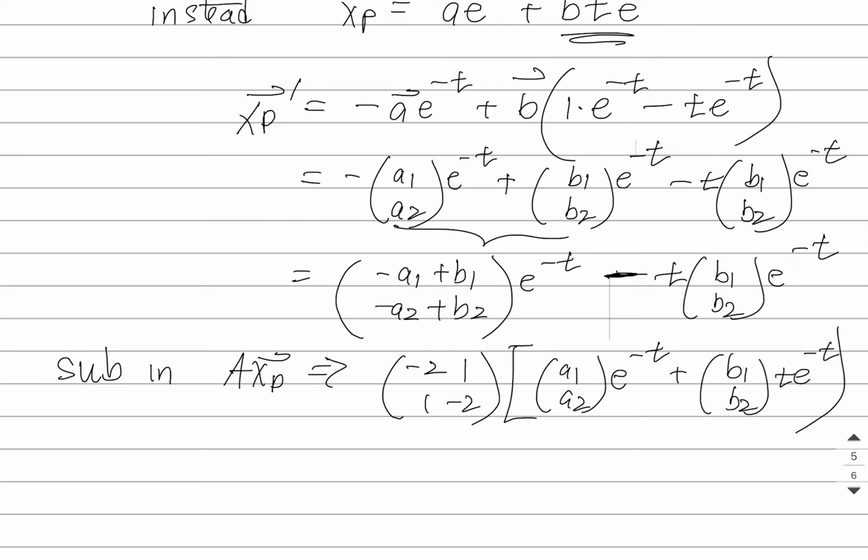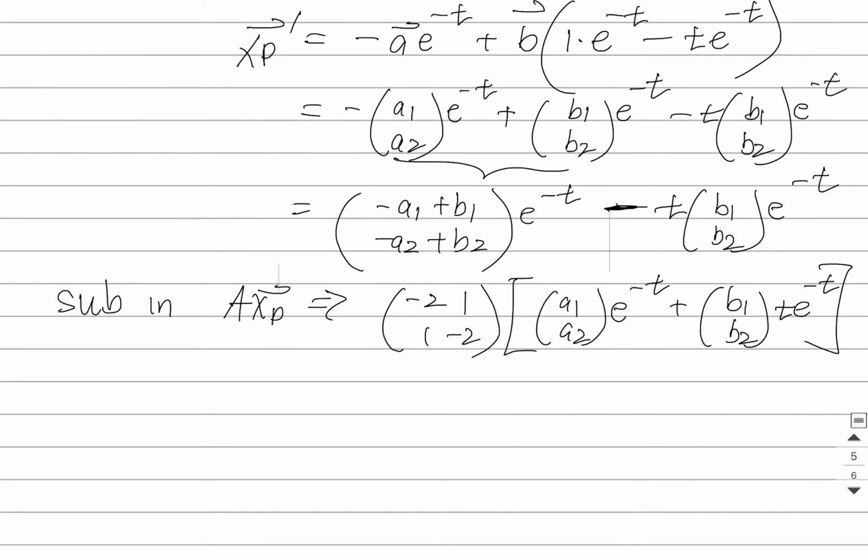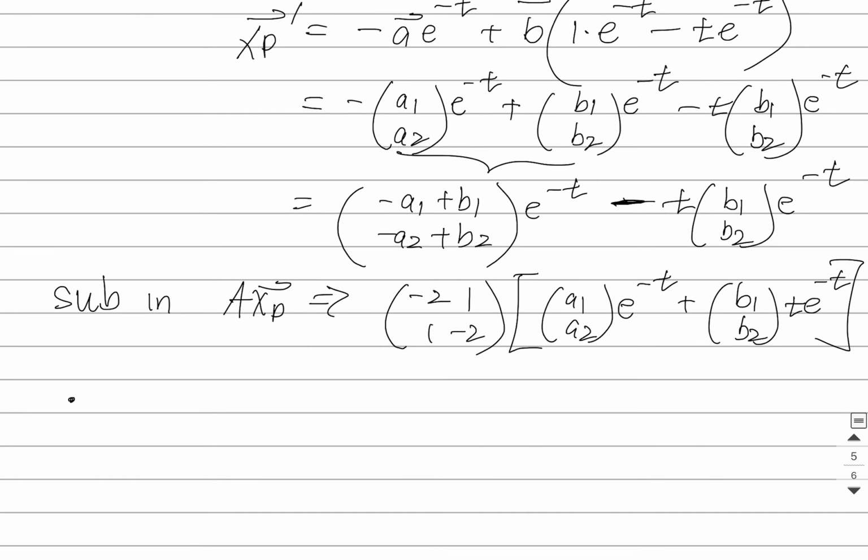So there's not much more to it other than to just plug everything in and multiply it together. As before, you're going to get a giant system. So you're going to have to plug it all in and combine terms. You're going to have to match the powers of e to the minus t and t e to the minus t on the left-hand side and the right-hand side.